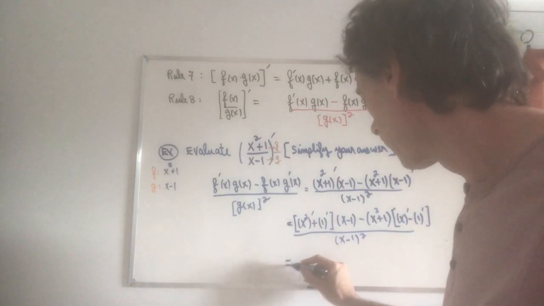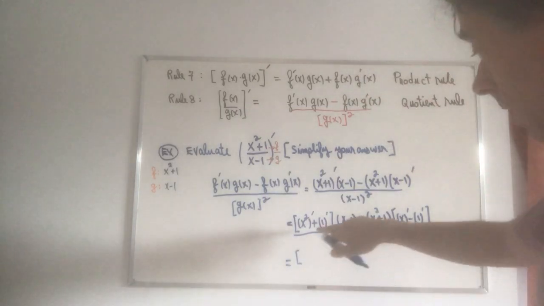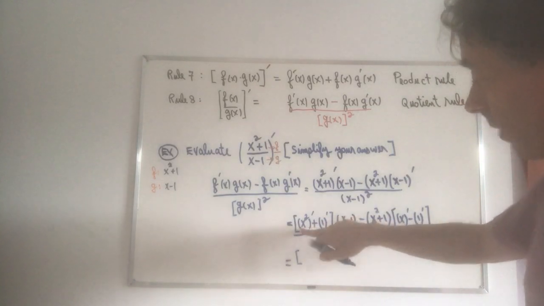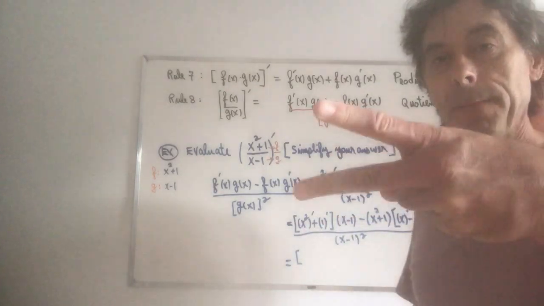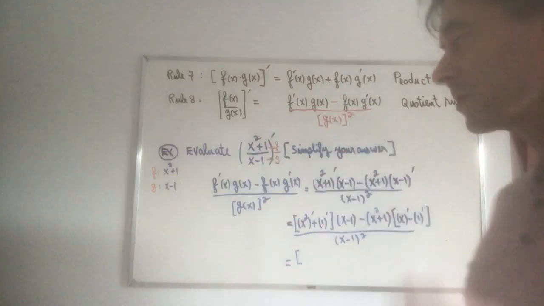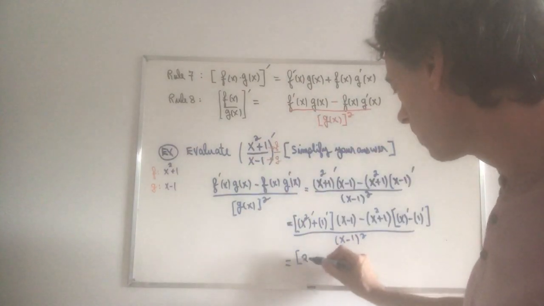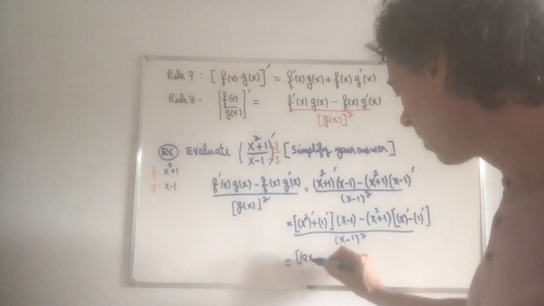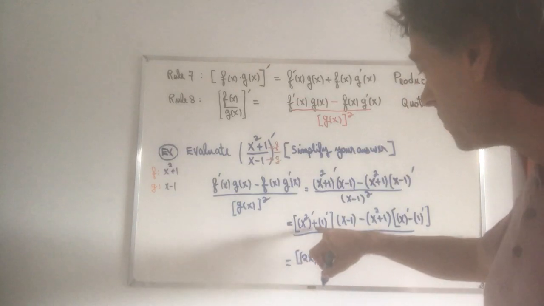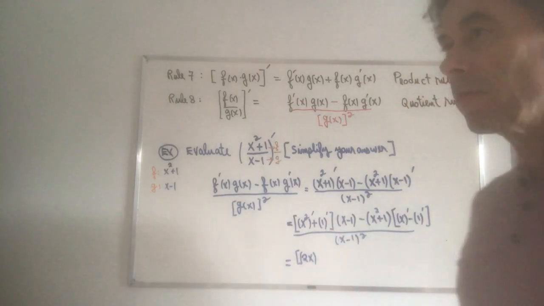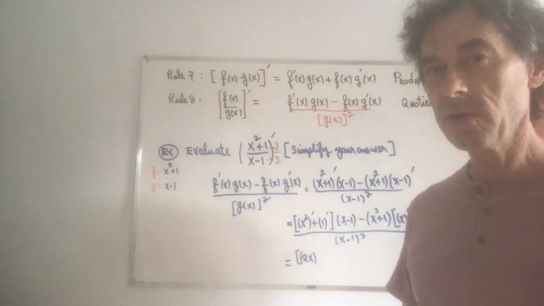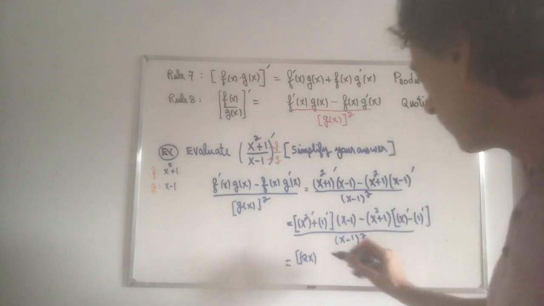Good. So, what rule shall apply for x squared prime? Rule 4, x to the n. That's 2x to the 2 minus 1, plus 1. What's the derivative of 1? It's a constant. The rule for the constant is rule 1. So plus 0.